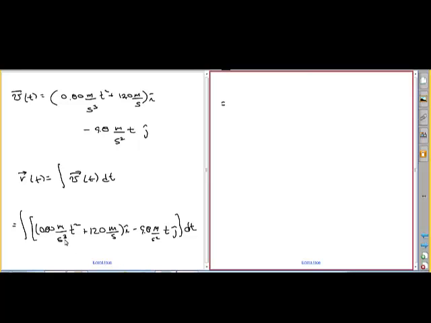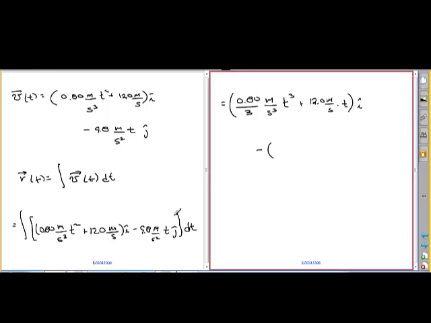So I integrate that. The integral of 0.8 meters per second cubed t squared is going to be 0.80 over 3, because I'll get t cubed over 3. Let me make sure I put my units in here. So the units are still meters per second cubed, t cubed, plus when I integrate dt here, I'll get 12 meters per second times t, and that whole thing will be multiplied by my I vector.